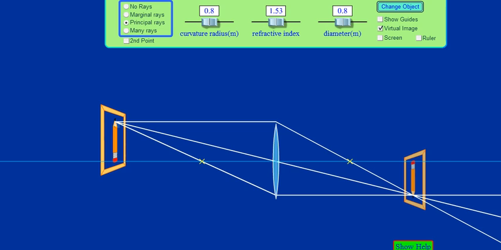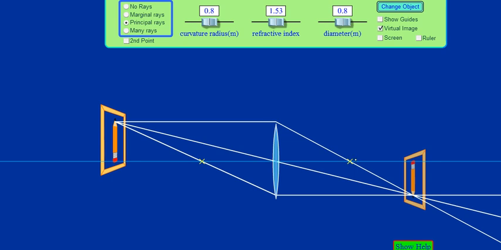The first ray enters the lens going parallel, and it passes through the focus. Now, what I have to point out is that a lens will have two foci, two focuses. Okay? The first one right here, the near focus, corresponds to the curve of the back of the lens.